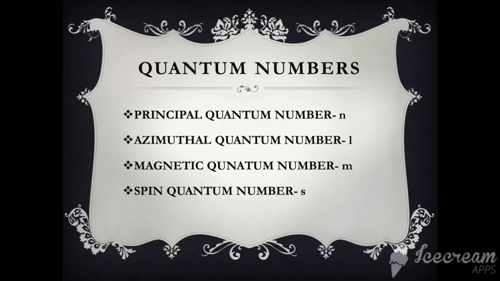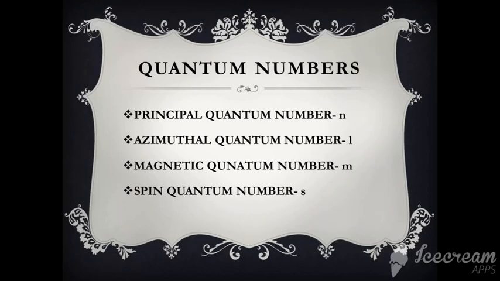Usually, the electrons are characterized by four quantum numbers: the principal quantum number, denoted as n, the azimuthal quantum number, denoted as l, the magnetic quantum number, denoted as m, and the spin quantum number, denoted as s. I am not going to discuss this in detail, but I wanted you all to know it as we are going to do the electronic configuration.